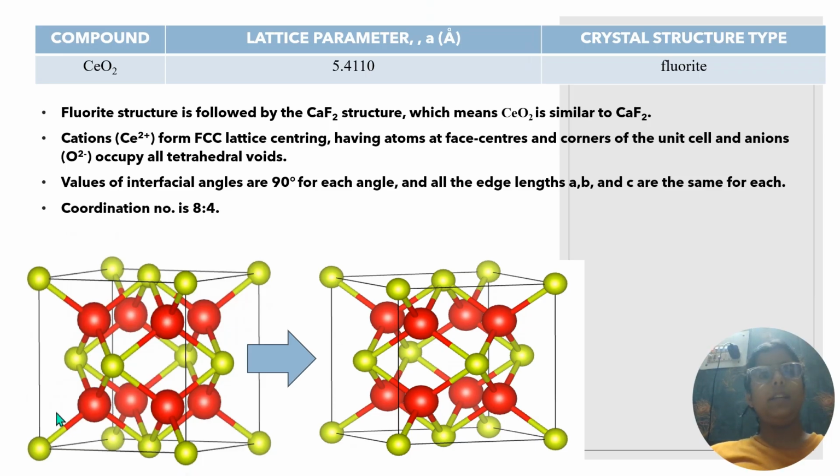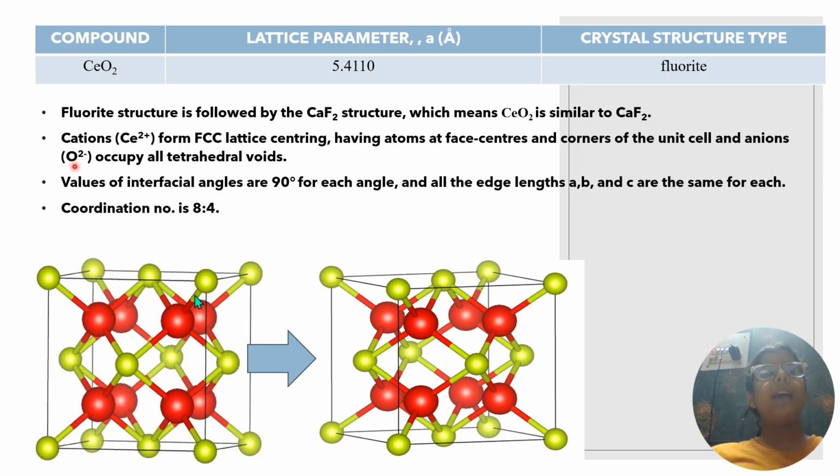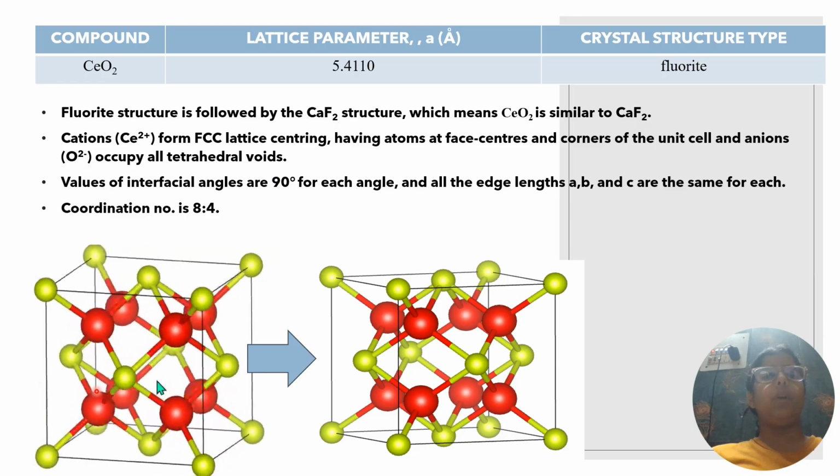Now if we consider the crystal structure of cerium oxide, it follows the fluorite structure, which means that the cation forms the FCC lattice and the anions occupy all the tetrahedral voids.